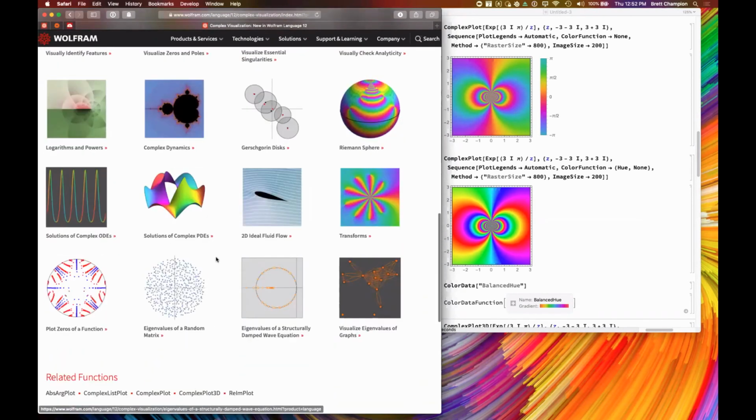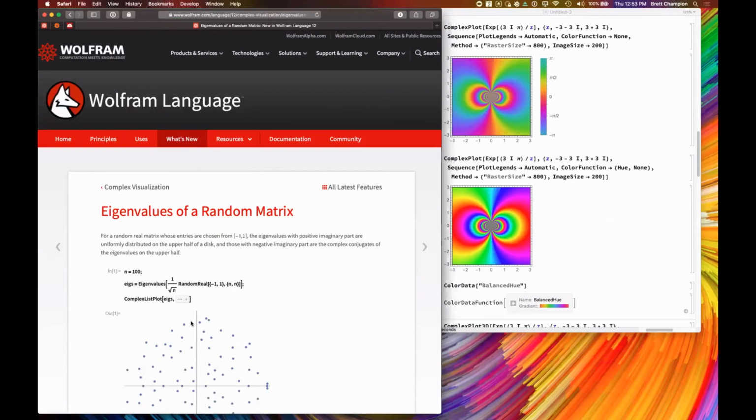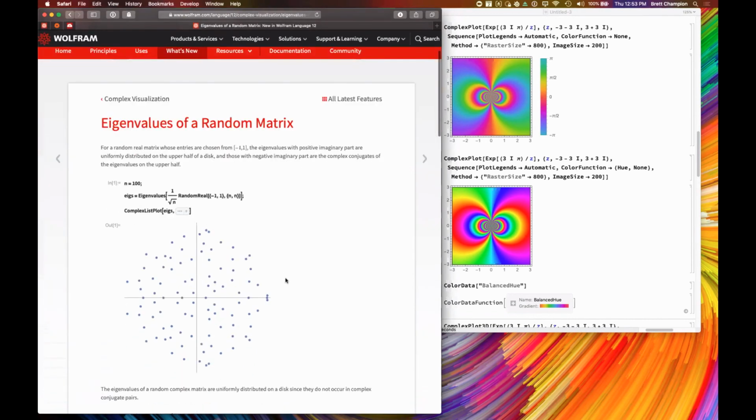And similarly to that, we have this one, which is eigenvalues of random matrices, which ultimately comes down to zeros again, just in a slightly hidden form. If your random matrix is suitably constructed with random real elements, then the points will be uniformly distributed inside a disk.